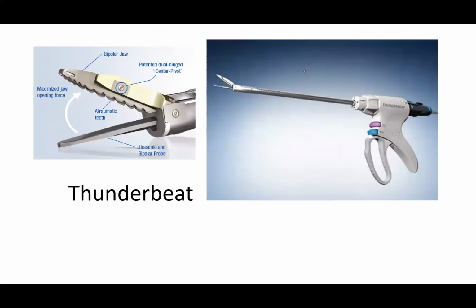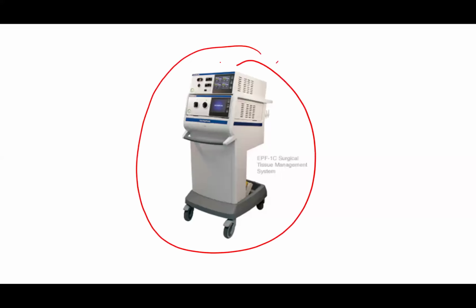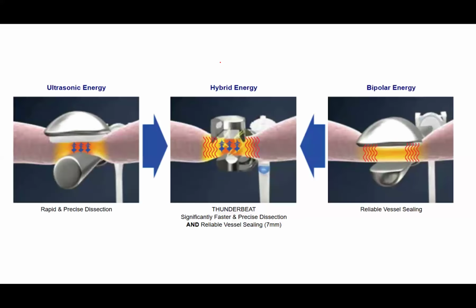Now look at what the Thunderbeat handle looks like. You can see one of the jaws, okay, you have the ultrasonic and bipolar probe. Then you have a bipolar jaw. This is how the machine looks like. Olympus is one of the companies that have this device.